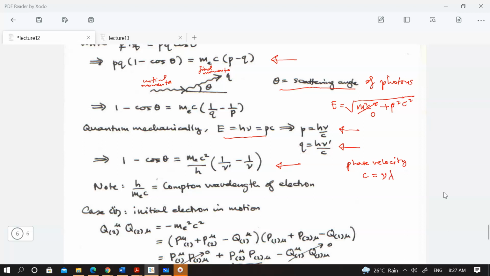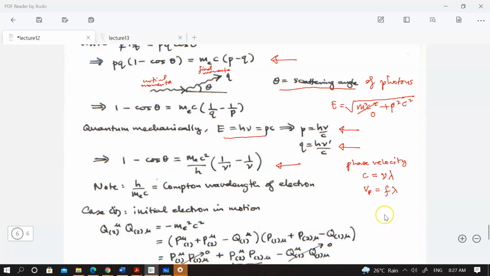Okay, I think everyone still remembers that. In ordinary notation, this is phase velocity equals frequency times lambda. So we use that to convert from the case of frequency to the case of wavelength if you want to.